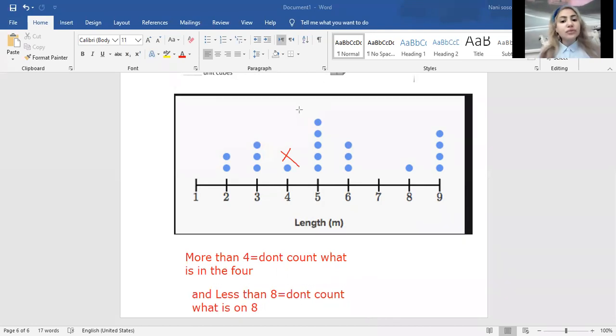I will count what is after 4 and before 8. Let's count together. 1, 2, 3, 4, 5, 6, 7, 8. So the answer is 8.